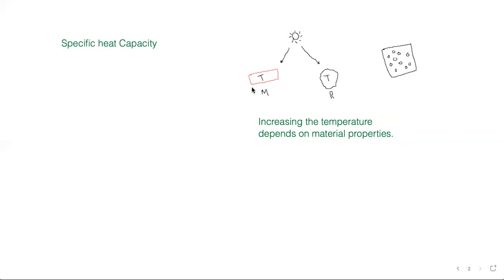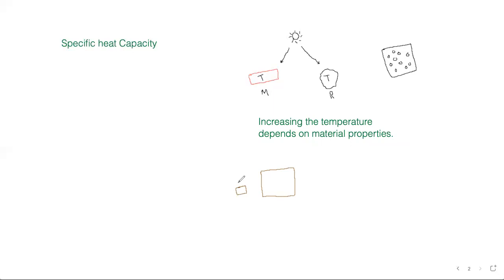We consider that we have two pieces of metal, one a small piece and one a bigger piece, which means it has a larger surface area. And now we want to heat them up, meaning we want to increase their temperature.